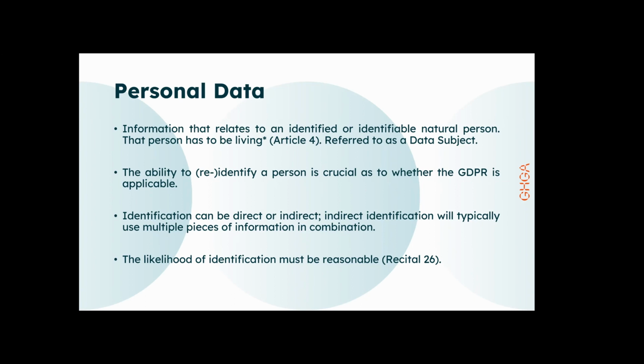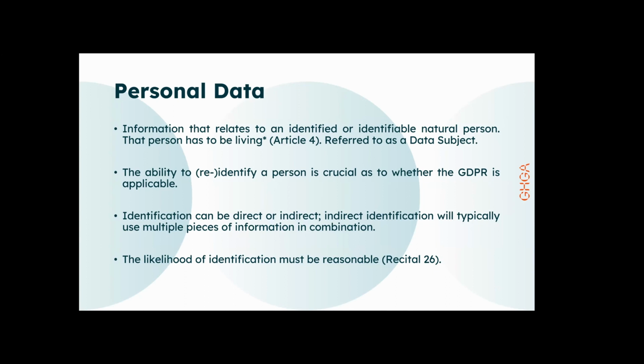We wouldn't expect, for example, if someone was trying to work out my salary or some other personal data about me directly, that they would have 1,000 researchers working on it with access to supercomputers, spending years trying to bring together lots of very disparate and small bits of information. That would be considered unreasonable. So when we're thinking about whether data are personal, we have to ask what's reasonably likely to happen, and what reasonably likely exists that someone might have access to that could be used to re-identify someone in this data set.